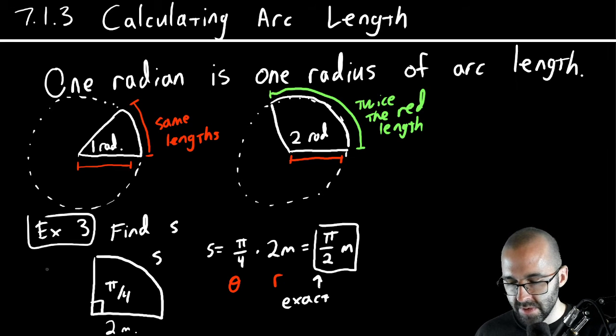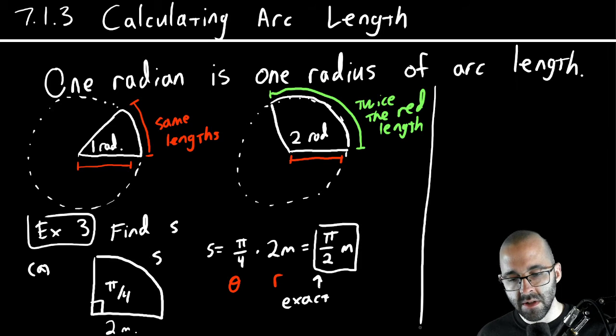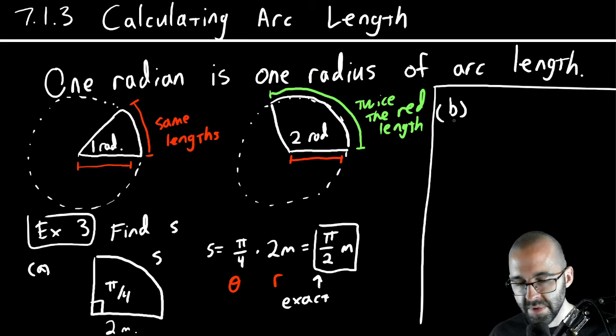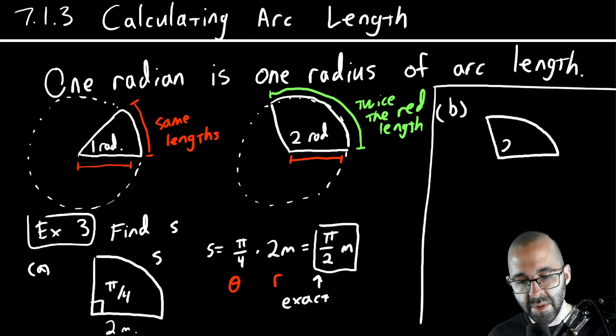All right, so that's part A. And also do part B. Let's actually do something that's 2 radians long. Again, if there's no units, we assume it's radians. This is not 2 degrees, 2 radians. And let's say our radius is 3 centimeters.